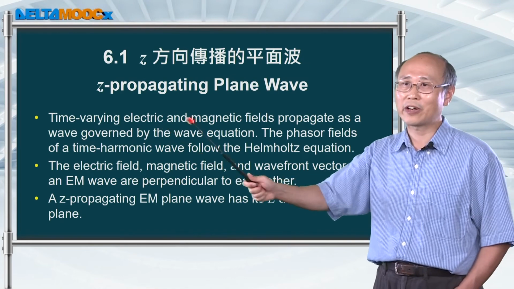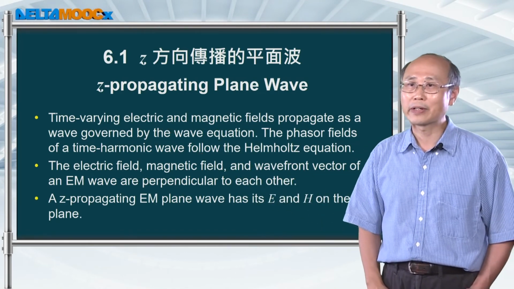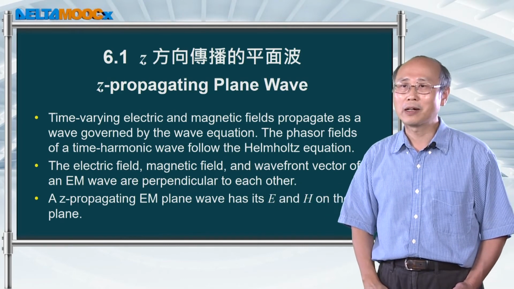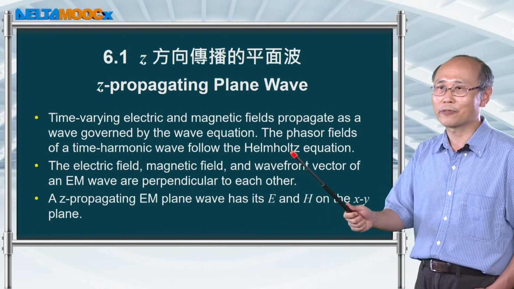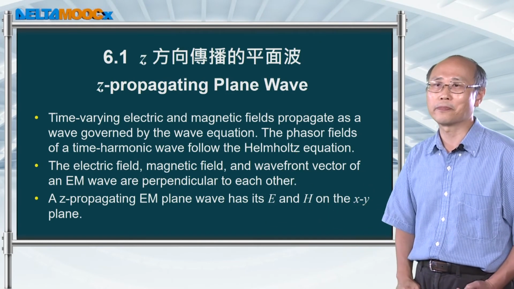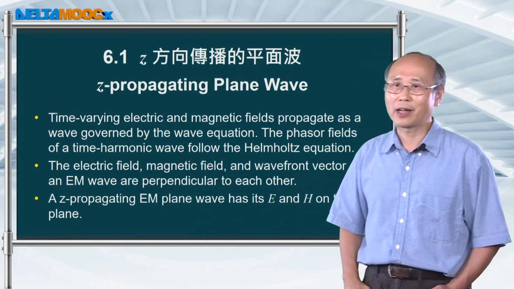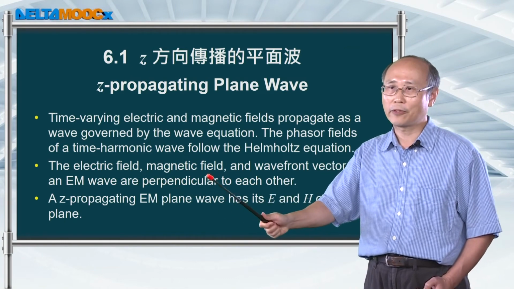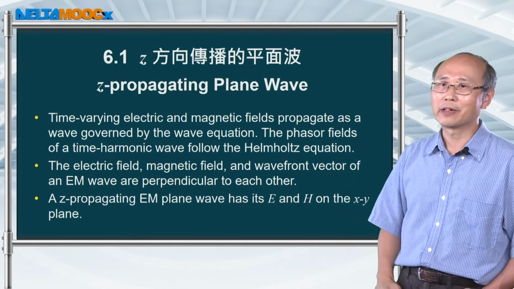And for time-varying electric and magnetic field, they propagate as a wave governed by the wave equation. If we talk about time harmonic waves, then we can start the analysis from the Helmholtz equation. And for TEM wave, transverse electromagnetic wave, the electric field, magnetic field, and wavefront vector are perpendicular to each other.